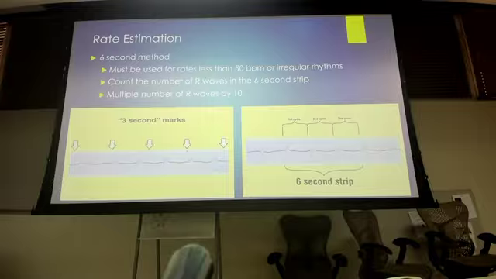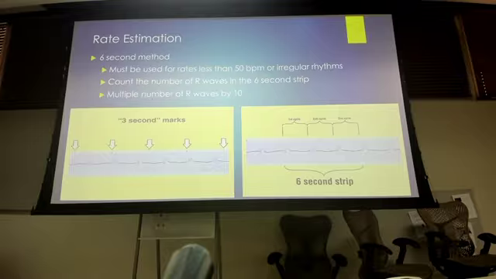You count the R waves in between those 3 marks. We are looking at beats per minute, so what are we multiplying that 6-second strip by? 10, because 6 times 10 is 60.